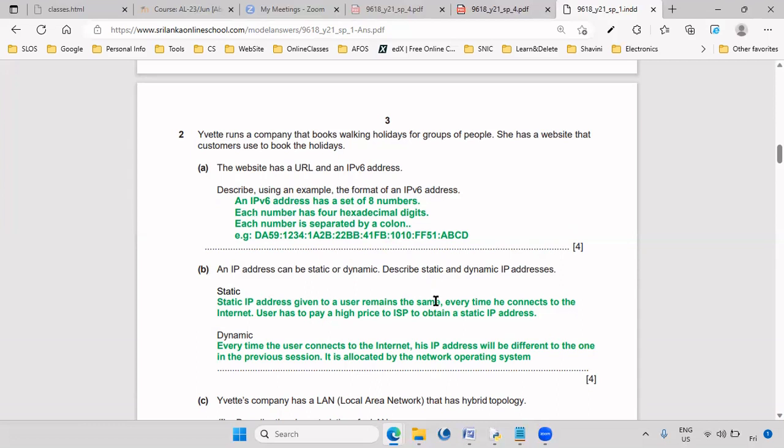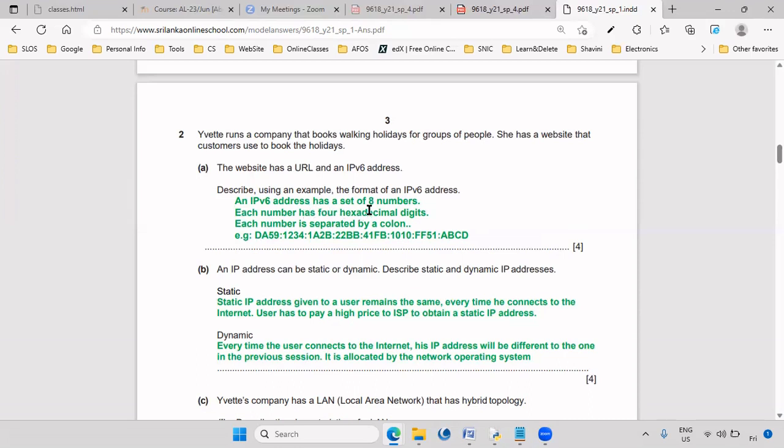So an IPv6 address has a set of 8 numbers, remember, 8 numbers. In IPv4, it is a set of 4 numbers. Here it's 8. And each number has 4 hexadecimal digits. In the IPv4 address, there's only 1 byte for each number.